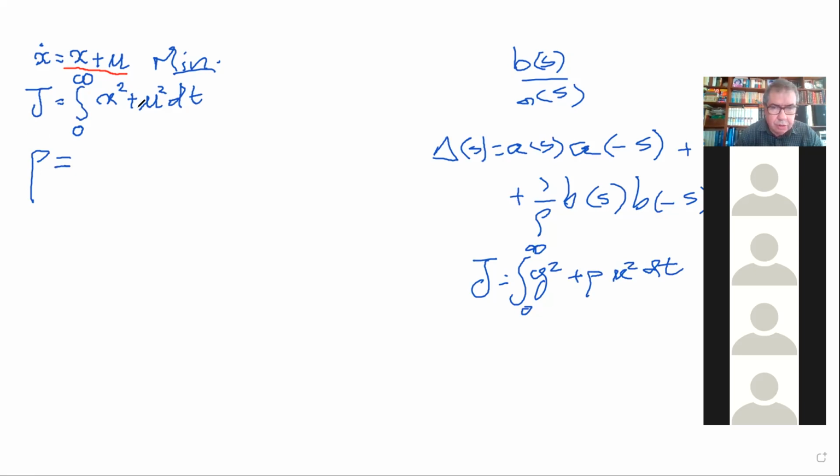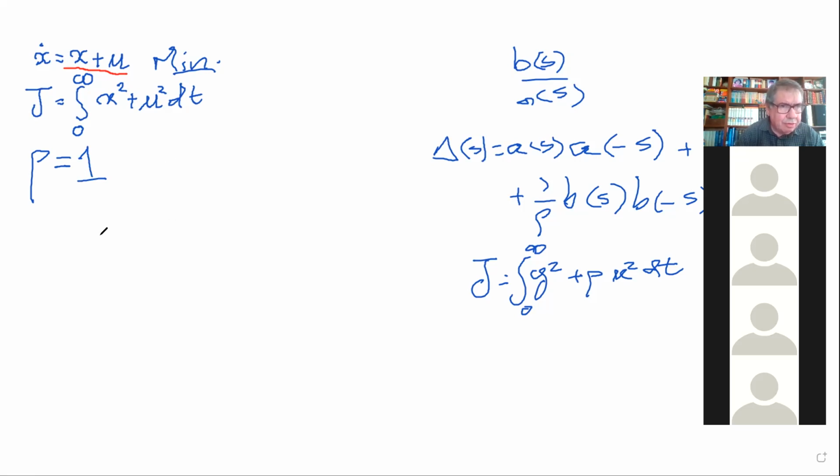Compare your cost function with the general cost function. Well, x is y. In this case, this is a scalar system, so we can take y equal to x. What about rho? Should be just 1. That's right. Okay, just 1.